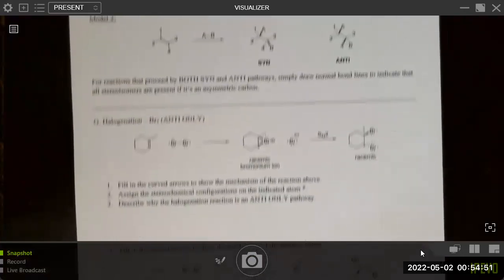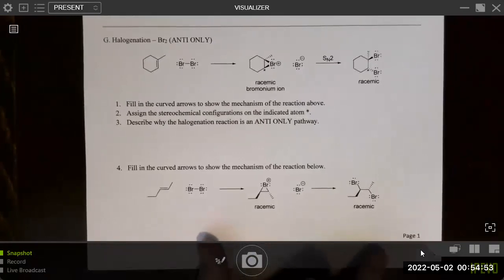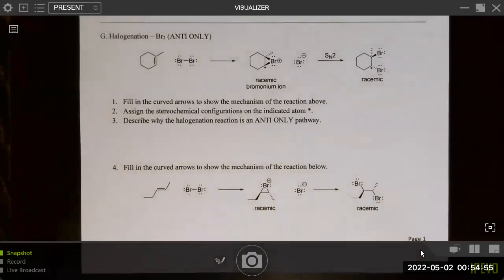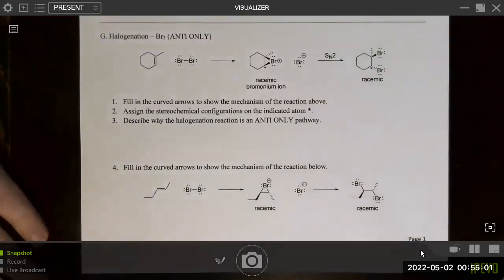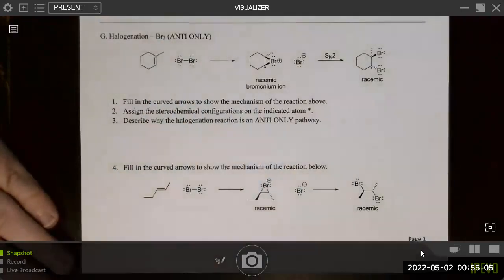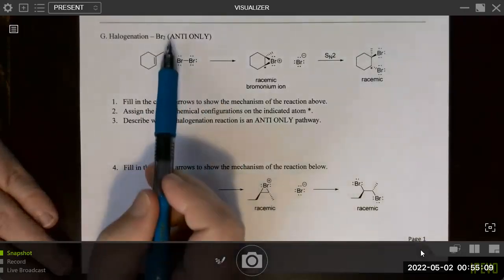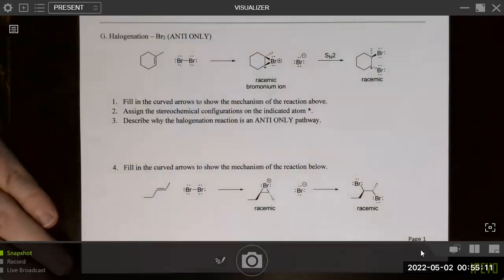All right, so we're going to move on to one of the new reactions that we covered today, which is halogenation. So halogenation, typically we use either Cl2 or Br2, and the stereoselectivity is that only the anti-addition product is formed. And remember, that only comes into play when you have 2 stereocenters formed.